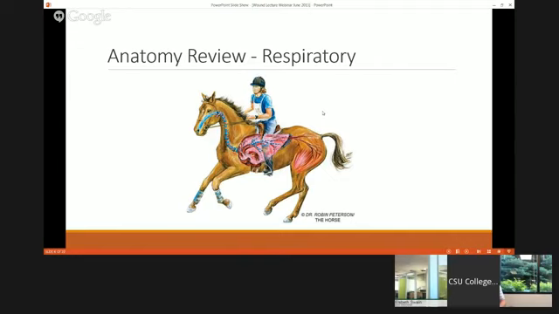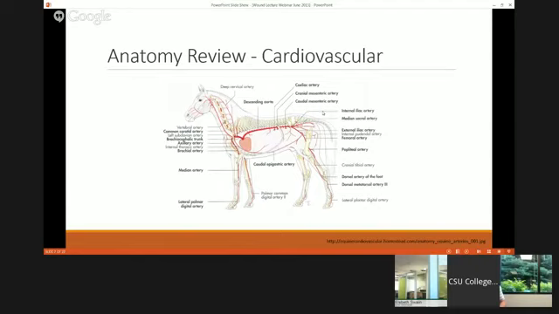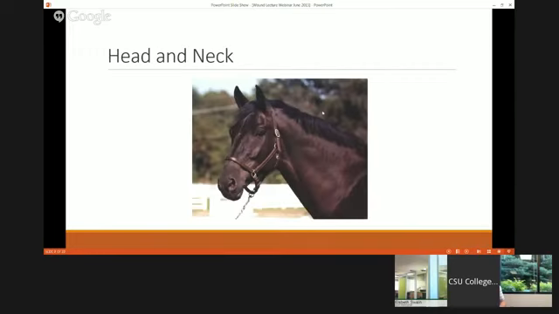The respiratory tract we'll talk about a little bit as well. We'll briefly touch on some wounds that have involved some vessels and nerves, and this is a picture to show you briefly that there are a lot of vessels in the horse, and so wounds can involve those. And we'll start with the head and the neck.